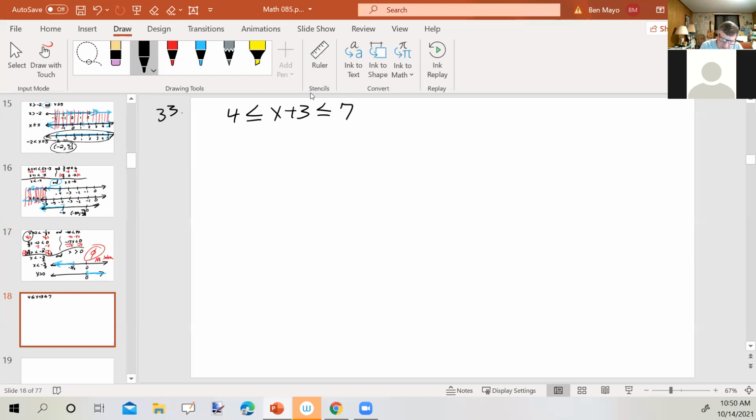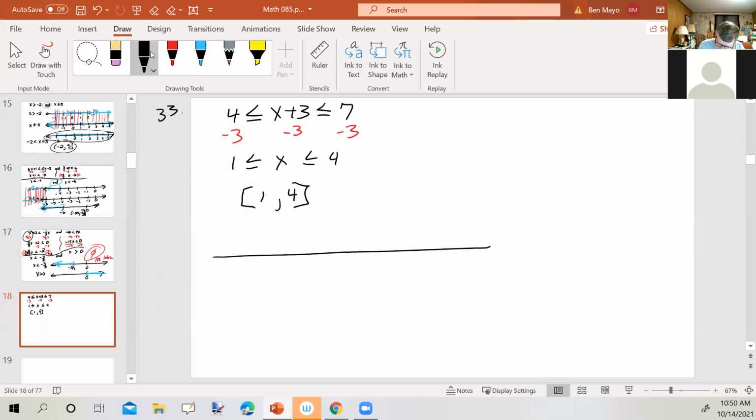I'm trying to get x by itself in the middle. So I'm going to subtract 3 from the middle, which means I'm going to subtract 3 from each end as well. So now I get 1 less than or equal to x less than or equal to 4, and we've solved for x. How would you write that in interval notation? Like that.